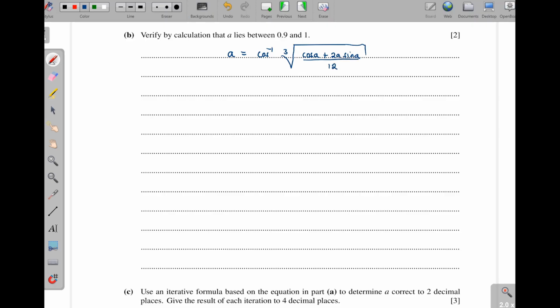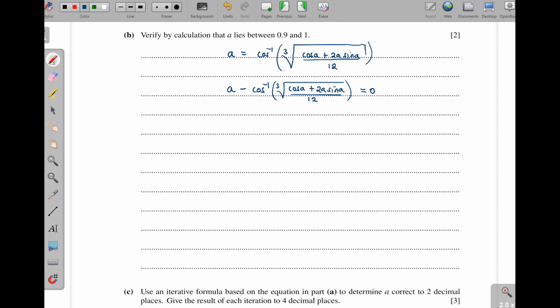We had something like that. So bring this one this side, and then you have a minus the arc cos of the cube root of cosine of a plus 2a sine of a, then out of 12. So that is what we are having there.